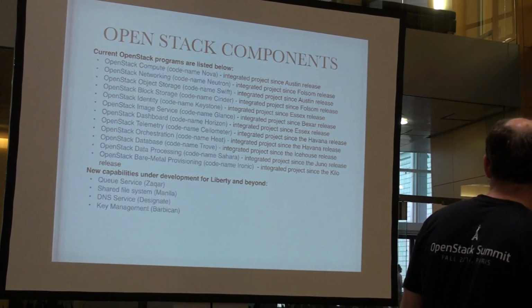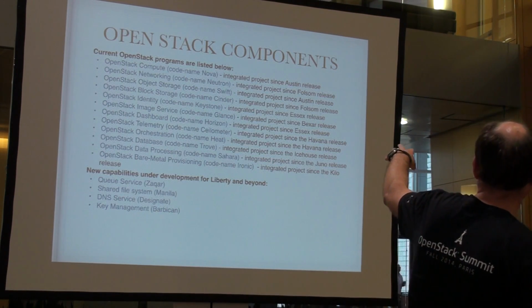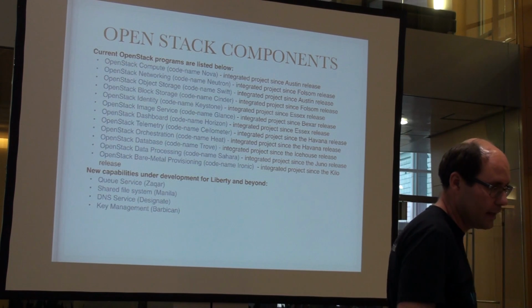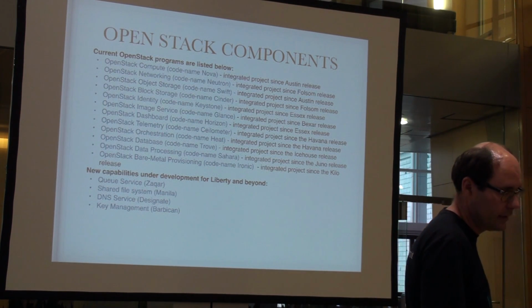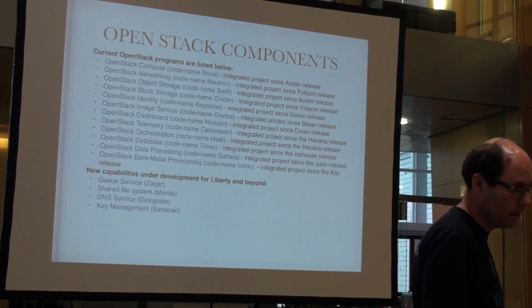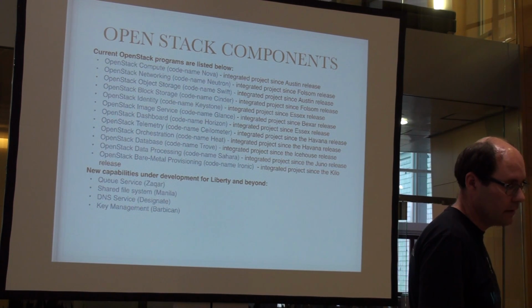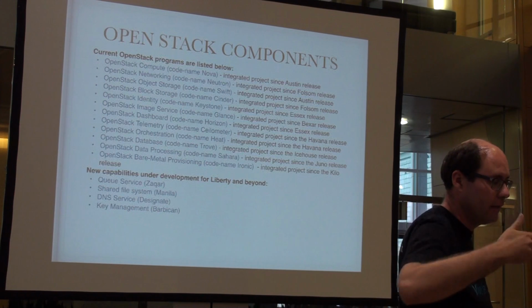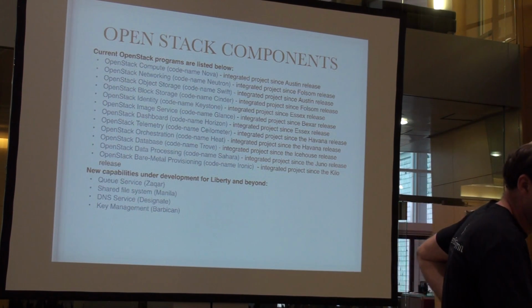And when we look at OpenStack today, it started out with compute and object store in the beginning. So this is compatible with basically what S3 does in Amazon, if you're familiar with that. But if you go through there, they now have everything.